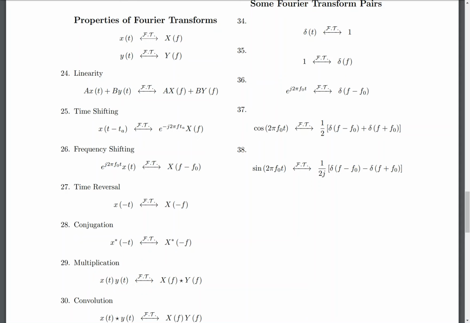Then I'm going to go to the property table to see if there is any transformation that can change this into this. The first thing I see is linearity, so I can break this into terms, solve the Fourier transformation of each term, and add them up together.